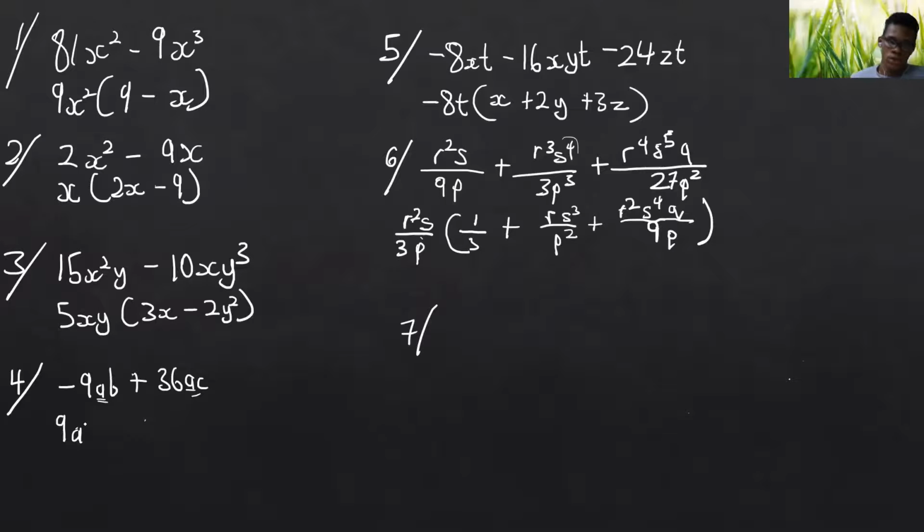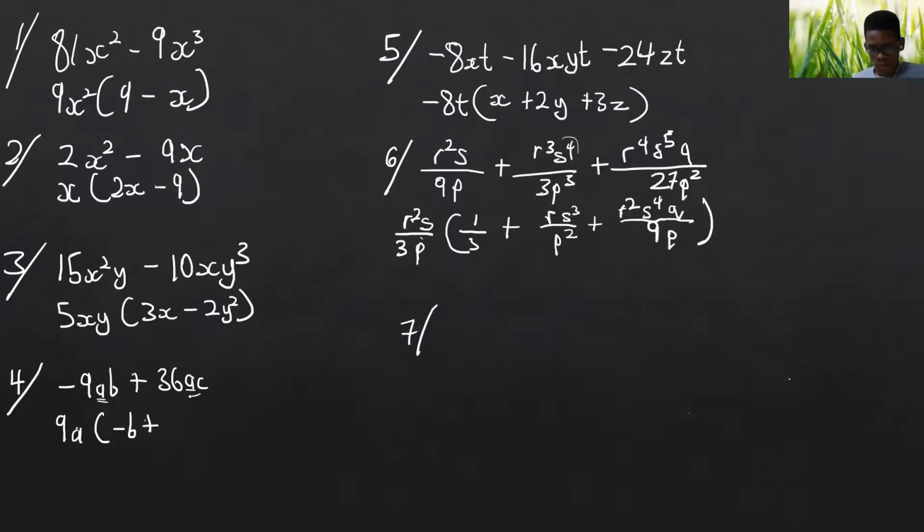Once the variable is in both terms, only then it comes in the highest common factor. If not, it's not, right? So B is not in both terms, so it stays. C is not in both terms, so it stays. So it's just 9A. And then we divide negative 9AB by 9A, which just leaves you with minus B, because the 9 and A cancel each other out.